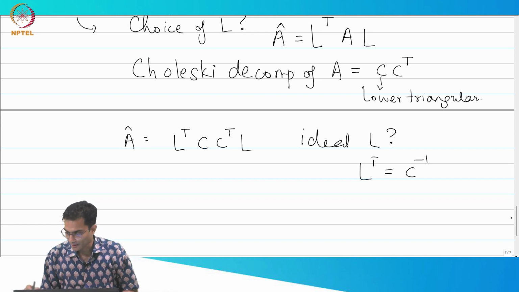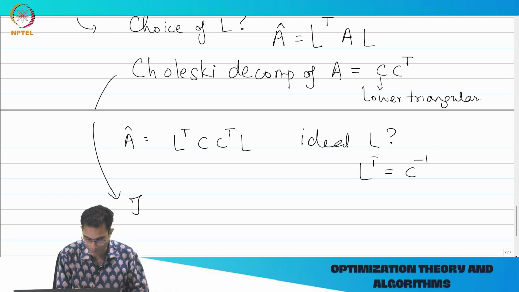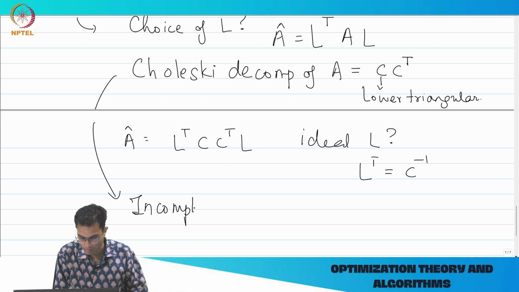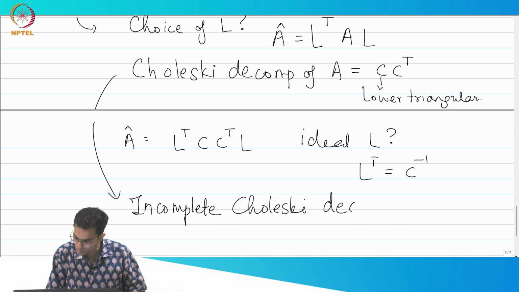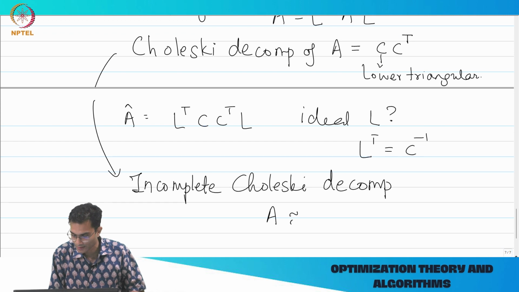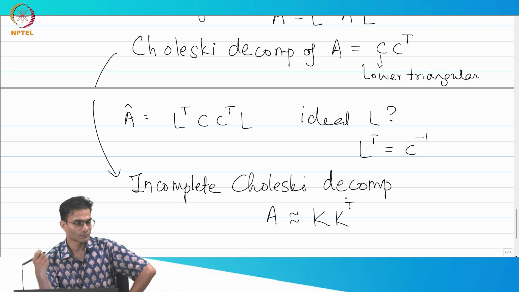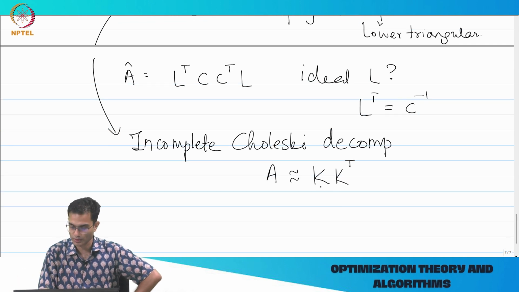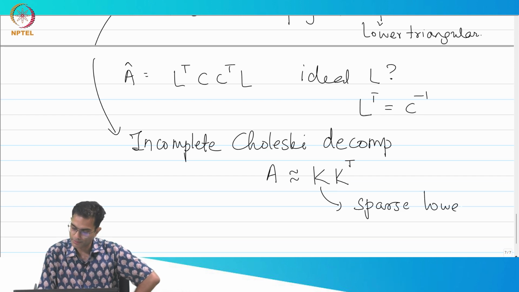However, here comes the real rabbit out of the hat. There is something called the incomplete Cholesky decomposition, which says that A could be approximately written as KK transpose, where K has a very interesting property. K is very similar to C, in the sense that K is a sparse lower triangular matrix.